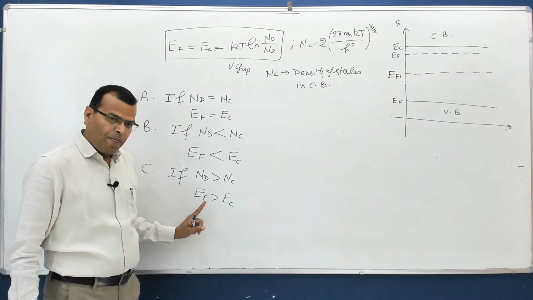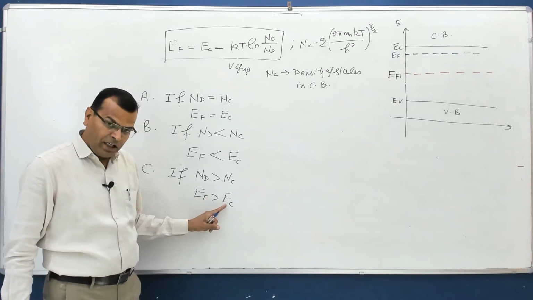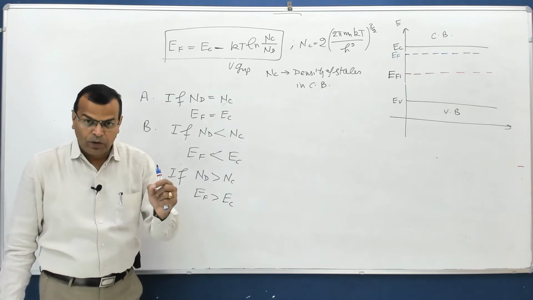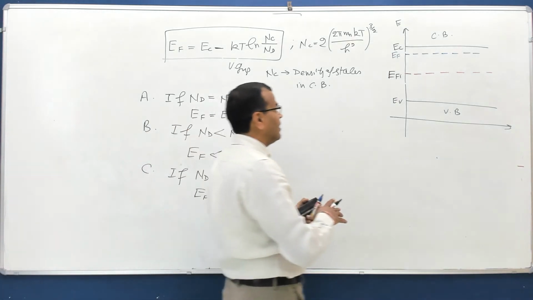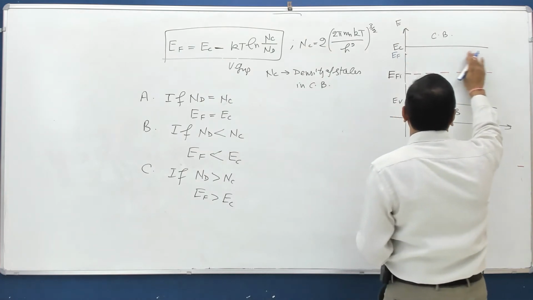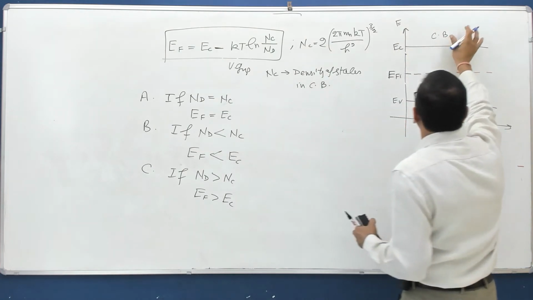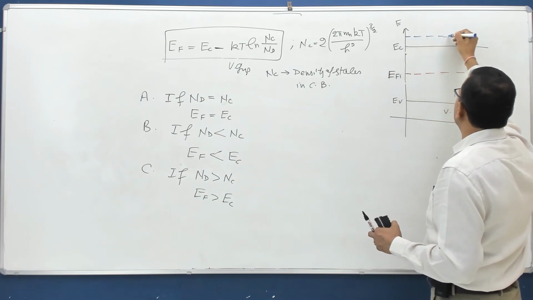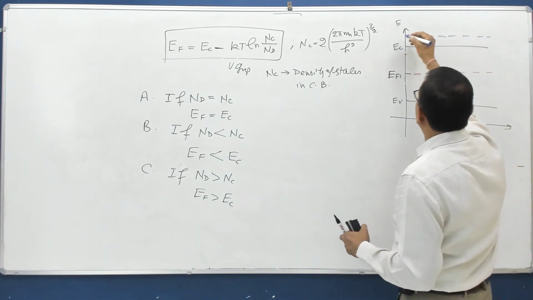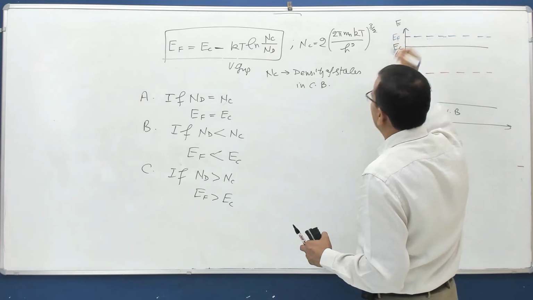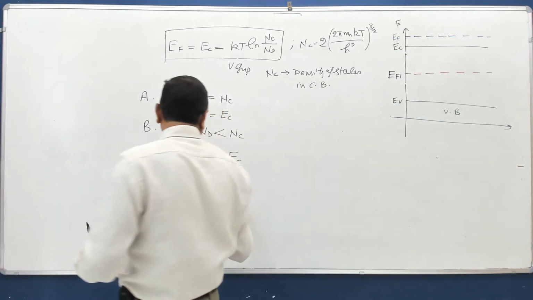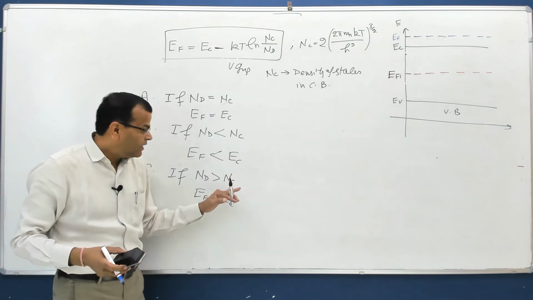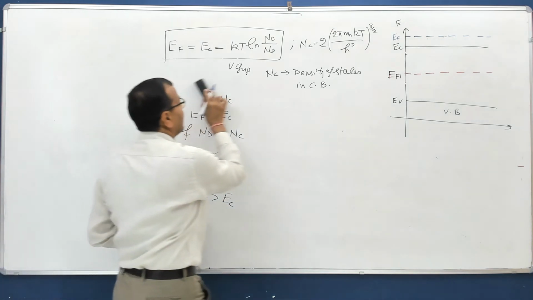When the Fermi level is more than EC, that means it enters into the conduction band, and that is a very interesting phenomenon. So when the Fermi level enters here, this is your Fermi level. In which case? When ND is more than NC, the donor concentration is more than the density of states in the conduction band.